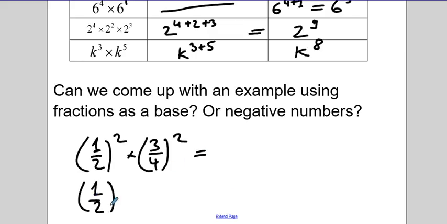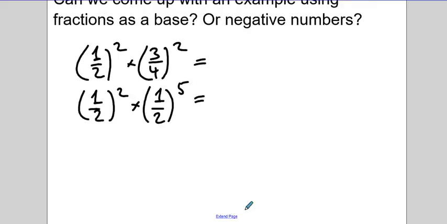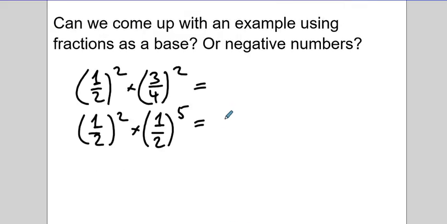Half to the power of 2 times 1/2 to the power of 5. Is that going to work? So what would that be? 1/2 to the power of 7. Yep. So the base is the same. We copy the base and then just add up the exponents. And that's it.